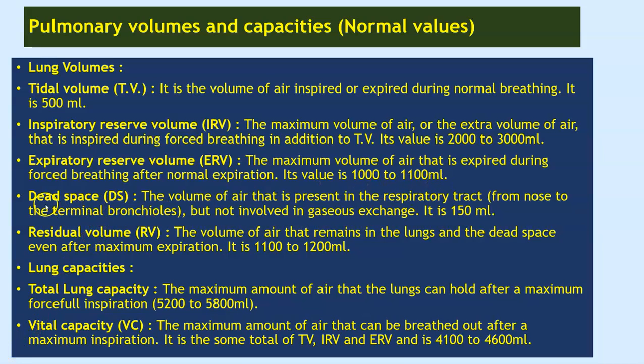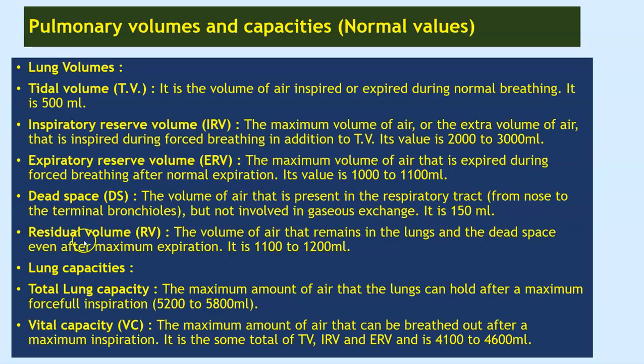Then let us look at something called dead space, DS, the volume of air that is present in the respiratory tract, that is from the nose to the terminal bronchioles, but not involved in gaseous exchange. So it is the air that remains in your respiratory tract, and it is around 150 ml.